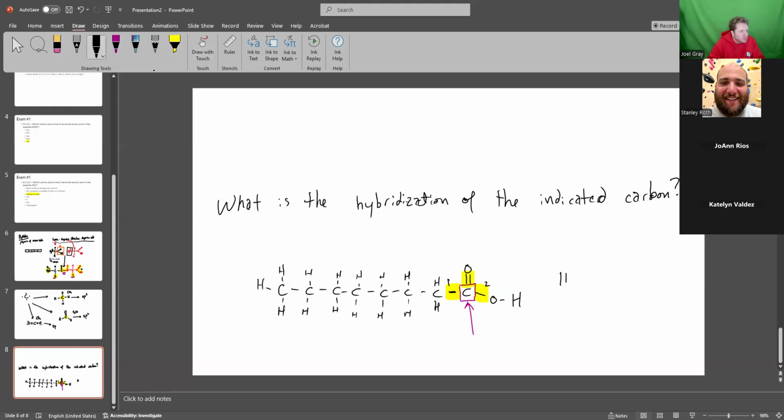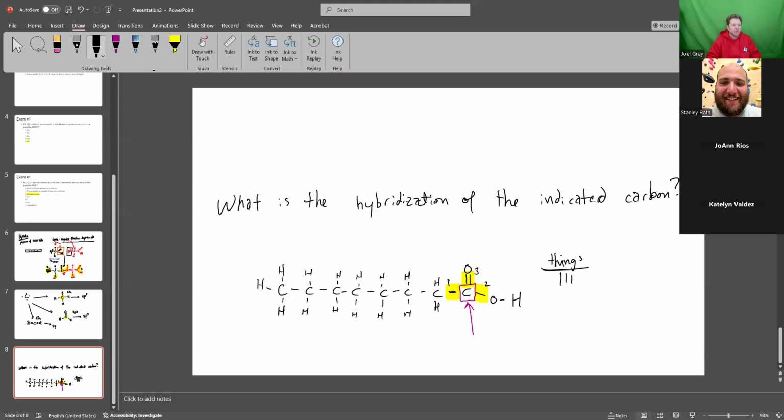That is my third thing. It is a double bond. But when we talk about hybridization, we're not so much interested in is it a single, double, or triple bond as how many things is it bound to. So when we talk about things, my tally here is up to 3.